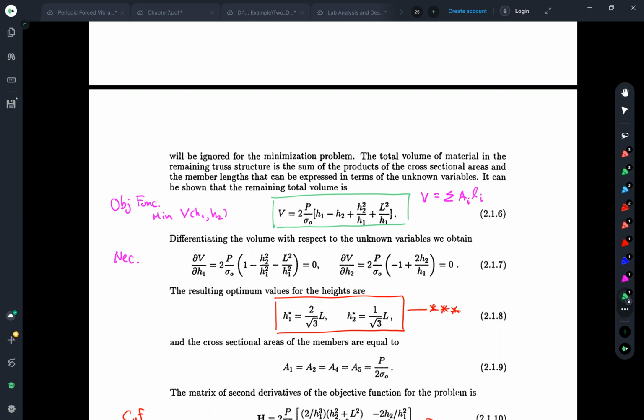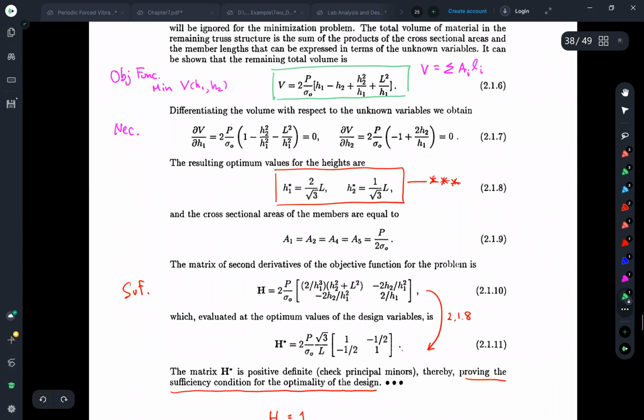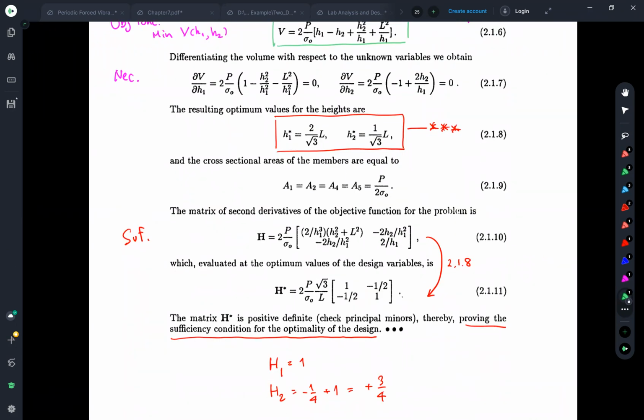If you can do that, I doubt the solution 2.1.8 might change or not. If you can change the 2.1.8 to the new stationary point based on the new objective function, maybe that is the global minimum.